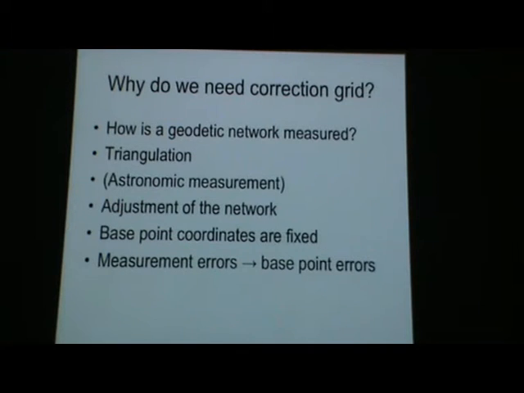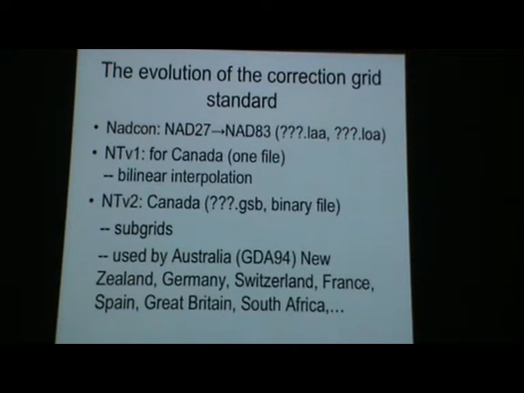If we can go to the next slide. The evolution of the correction grid standard. The first time they realized they required a correction grid was during the 80s, when in the US the North American Datum 83 was introduced, practically because of the GPS measurements.